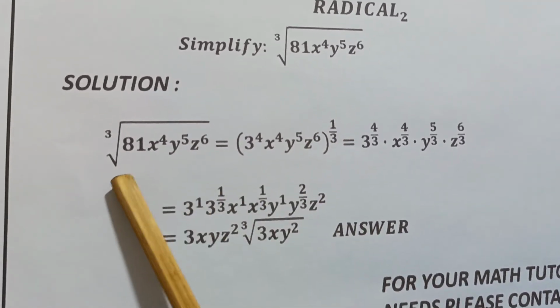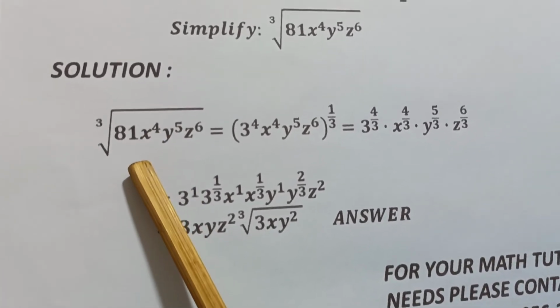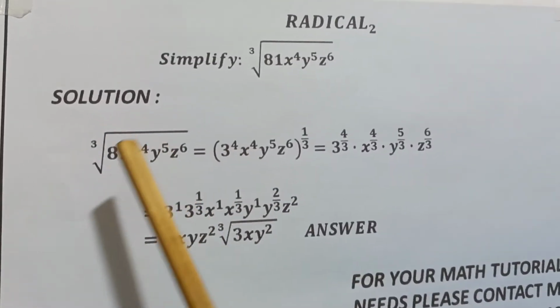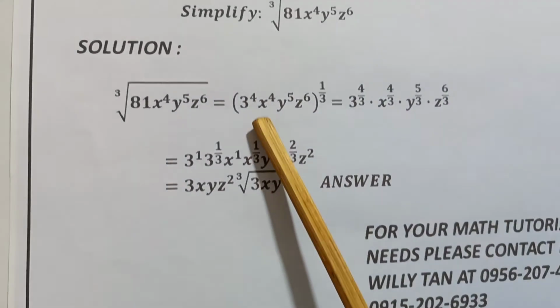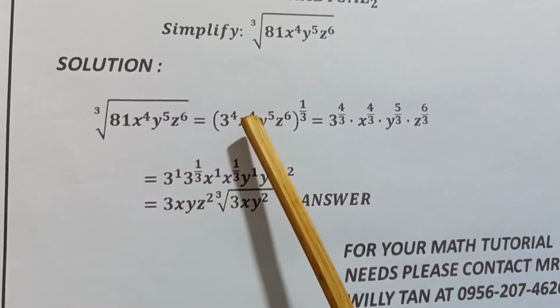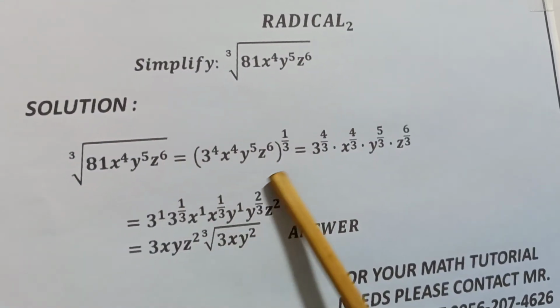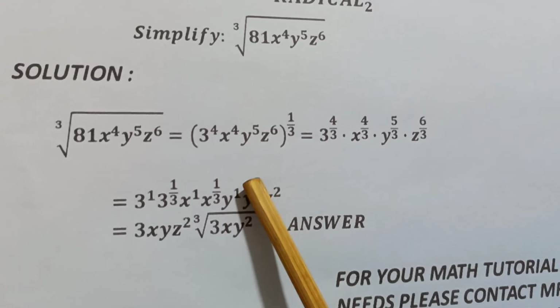So we just copy all of this and transform this 81 into exponential form. So this one, 81, is equivalent to 3 to the fourth, no? And this one is x to the fourth, y to the fifth, and z to the sixth. And all of this is raised to 1/3.